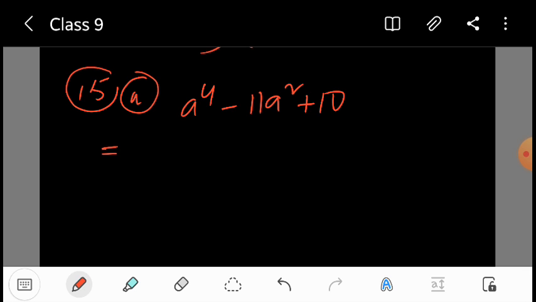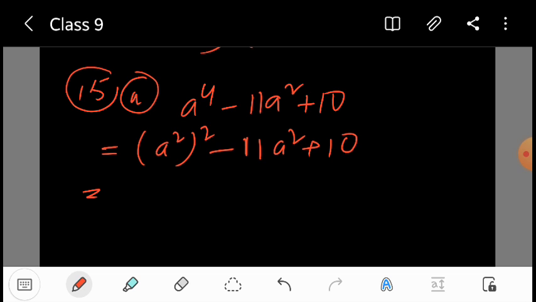So this a to the power 4, we can write as a square whole square minus 11a square plus 10. So if I take a square as one term, something like x, then it is easier for me. Though we don't need to take this as x, we can directly write it.